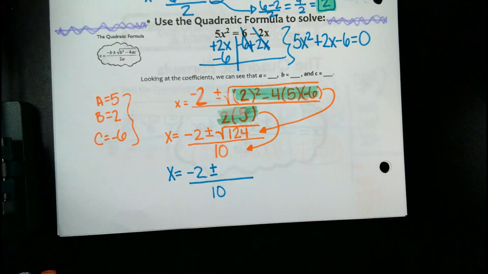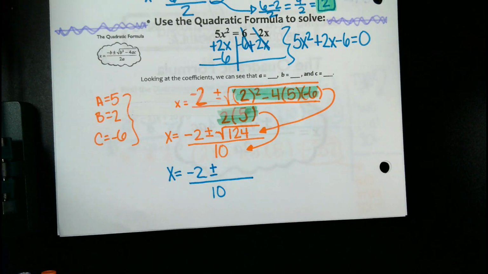We don't know if 124 is a perfect square, so how do we find out? Yep, take the square root of 124 on your calculator. Most people stop at 100. So right now in your calculator, type in square root 124.